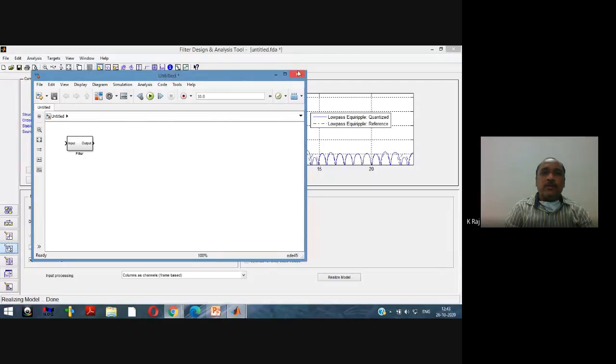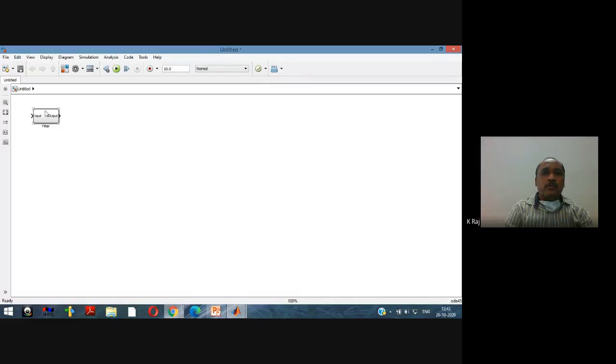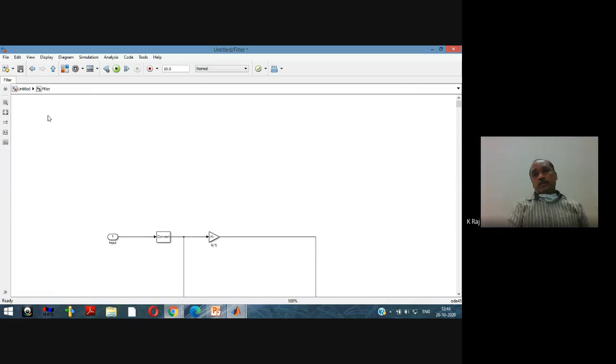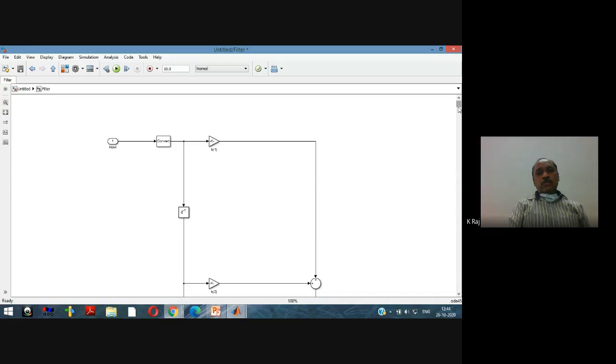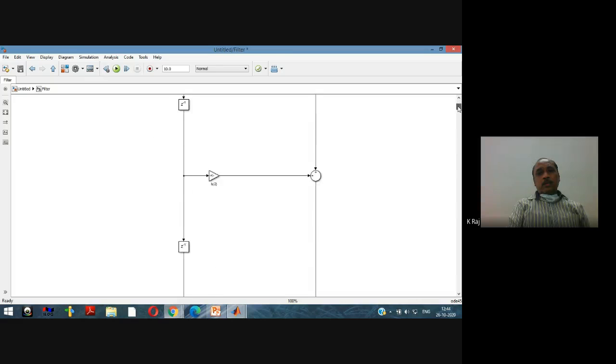Now see, this is the block of your filter which we have selected here. And the specifications are the ones given during the time of designing using the concept of the FDA tool. If we are interested in seeing the architecture of this filter, then you just double click on this and you will see the architecture. Now see here the input is given, and then these are the coefficients, that is B1 and B2 etc., connected in this form.